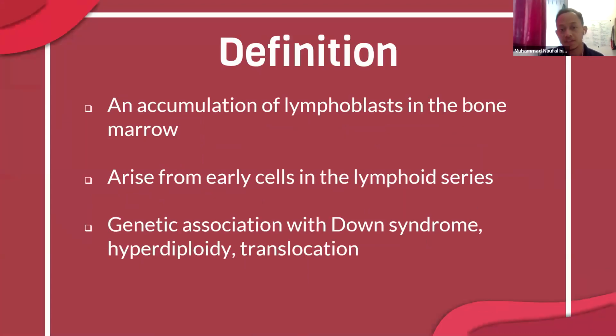First, the definition: acute lymphoblastic leukemia (ALL) is an accumulation of lymphoblasts in the bone marrow. The lymphoblast arises from the early cells in the lymphoid series. So ALL has a genetic association with Down syndrome, hyperdiploidy, and also translocation.